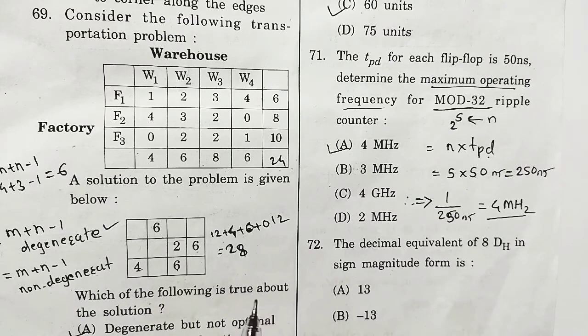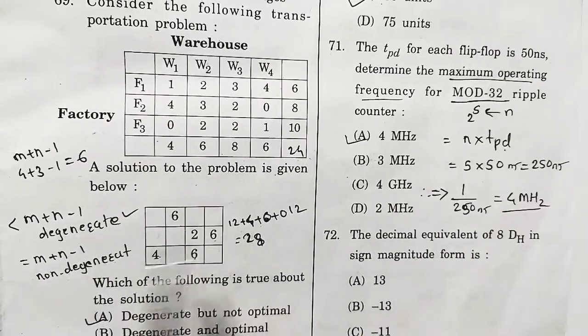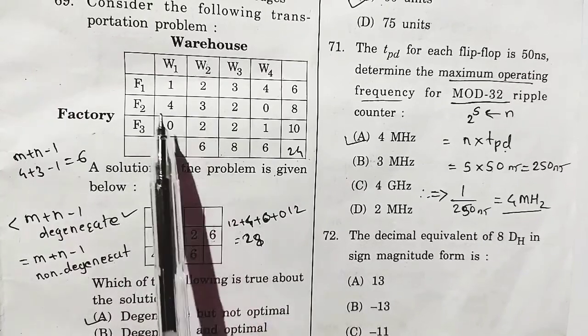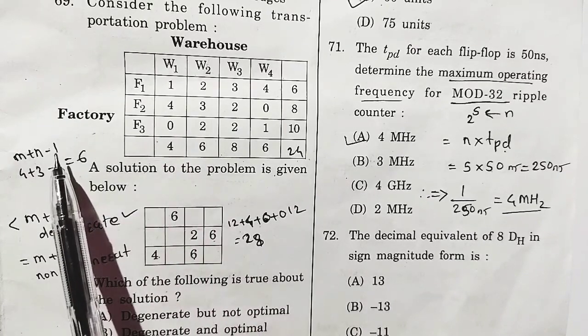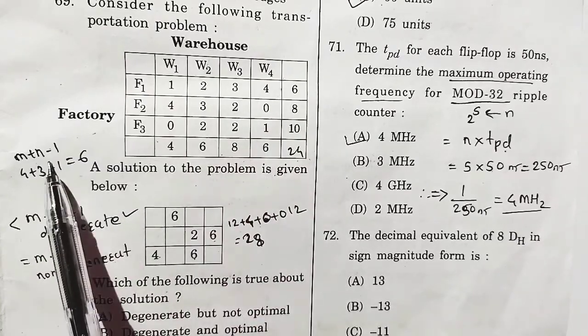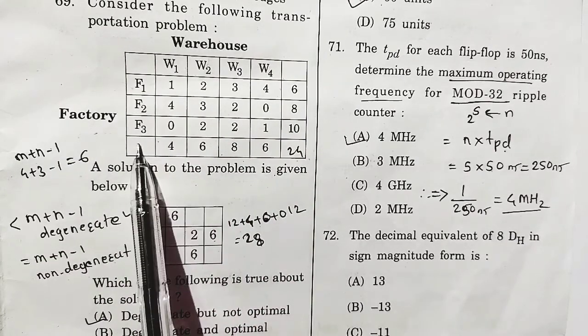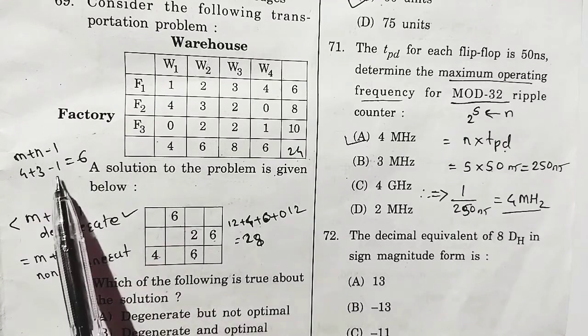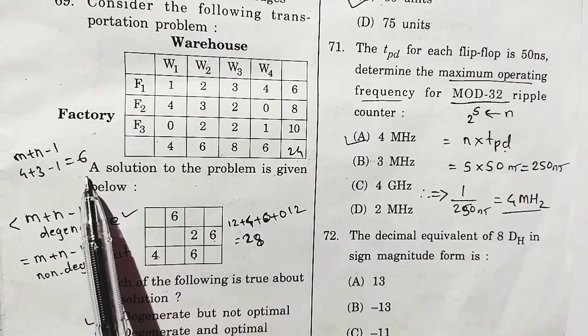What is m plus n minus 1? m means number of columns, 4 columns, n means number of rows, 3 rows, minus 1. 4 plus 3 minus 1 is 6.